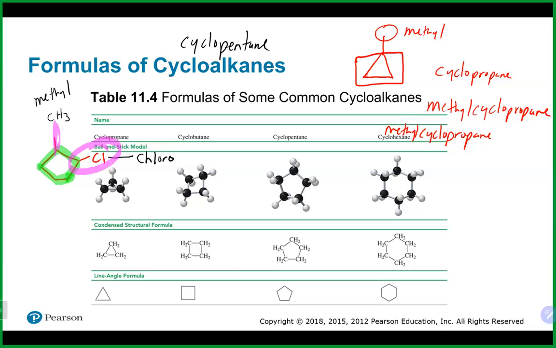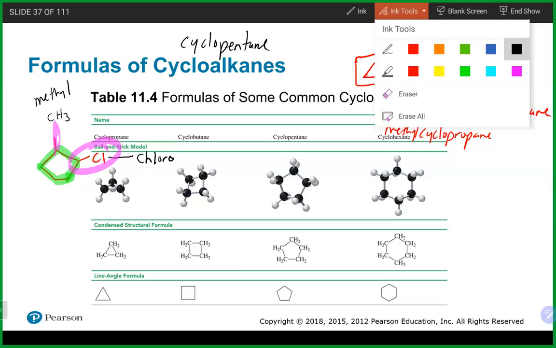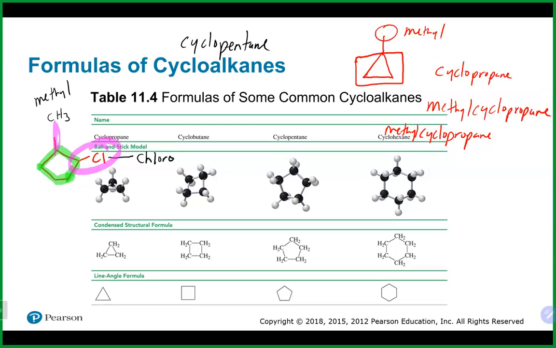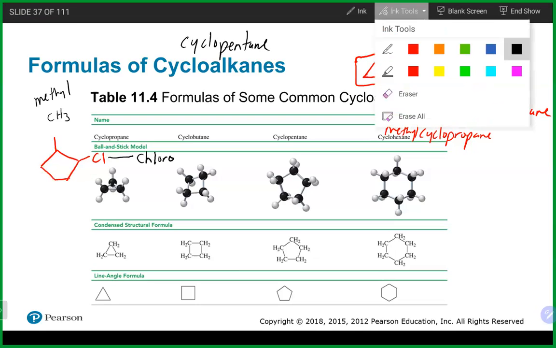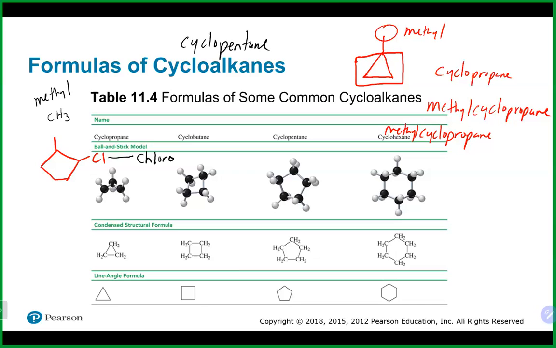So what's left to do here is we do want to give some numbers since we got multiple things attached. So let me just get rid of some of this here. So in this case, alphabetically, right? Which one should come first? Chloro. So we probably in this case would want to start with the chloro as carbon number 1. Now we could go clockwise, which obviously would give the methyl group 2, 3, 4, 5.